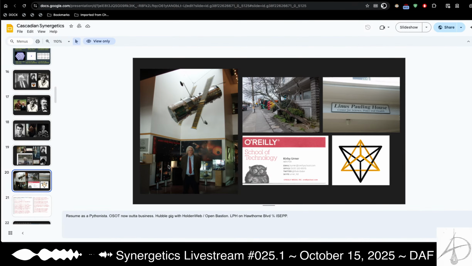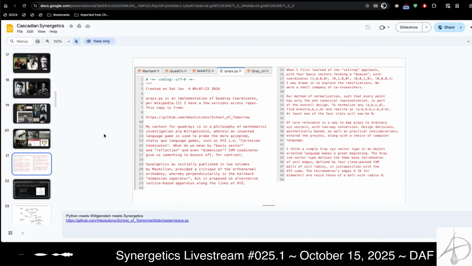Later, Kirby turned towards open source community and Python and a lot of other activities in Portland, leading to these fusion artifacts, which are computational.